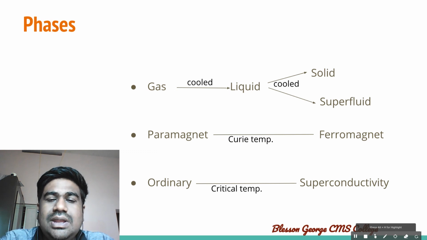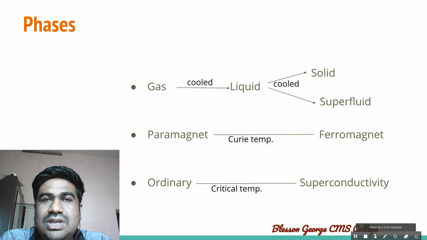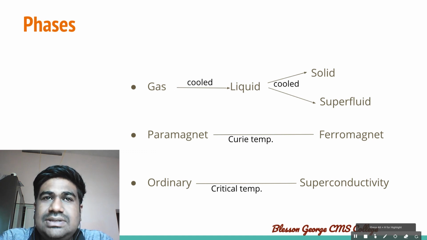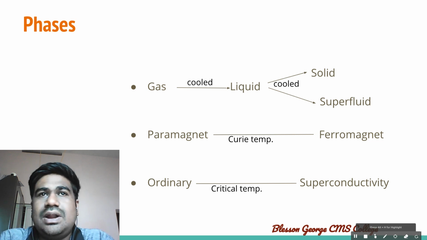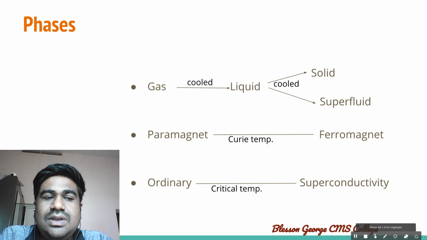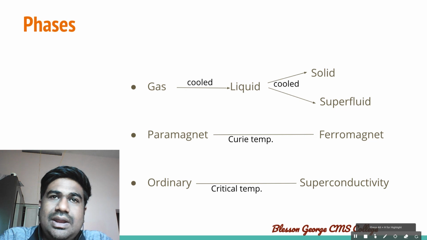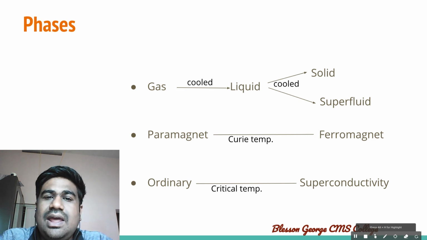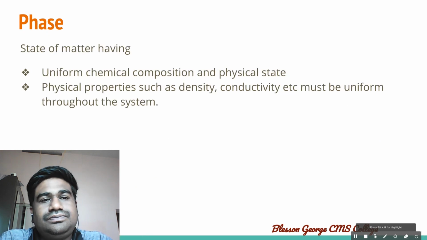The ordinary material and superconducting material change their properties at the critical temperature, and they are two different phases. So these are the classical examples of different phases: the different states of matter of water, paramagnetic and ferromagnetic materials, ordinary material and superconducting material. So how do we define a phase?